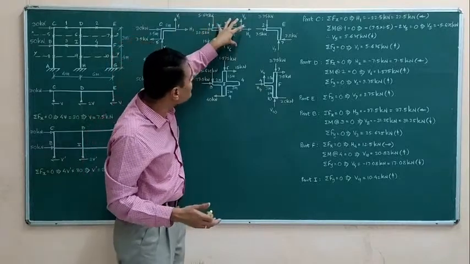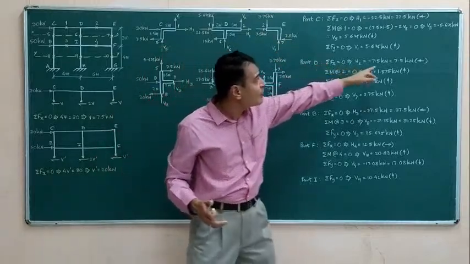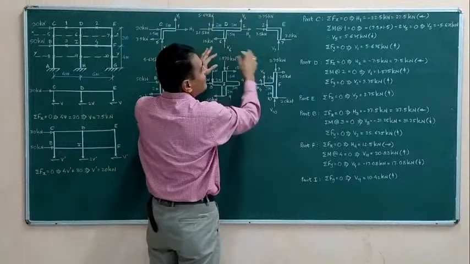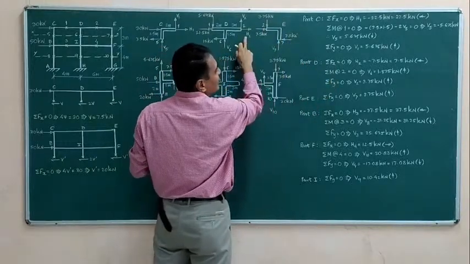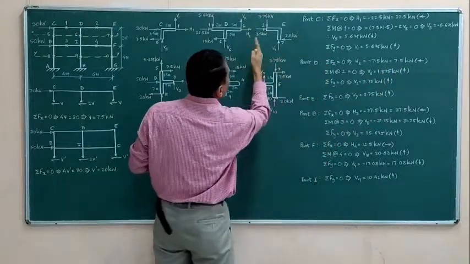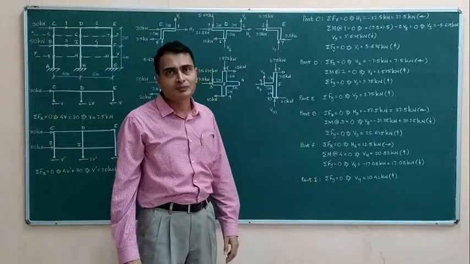Similarly, I drew H2 rightwards, but I calculated and found it out to be leftwards. That's why after finishing this analysis in this part, when I start drawing this FBD, I know that this value is actually 7.5 kilonewtons leftwards, so I show equal and opposite 7.5 kilonewtons rightwards.